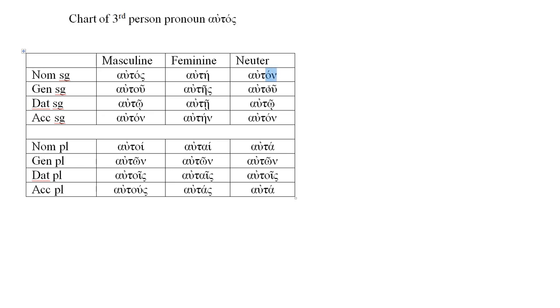On, ou, o, on, a, on, ois, a. So they're really not that difficult to figure out if you know the endings. You have the stem here, aut, and then the endings follow exactly along the lines of your first and second declension endings. So no mystery there.